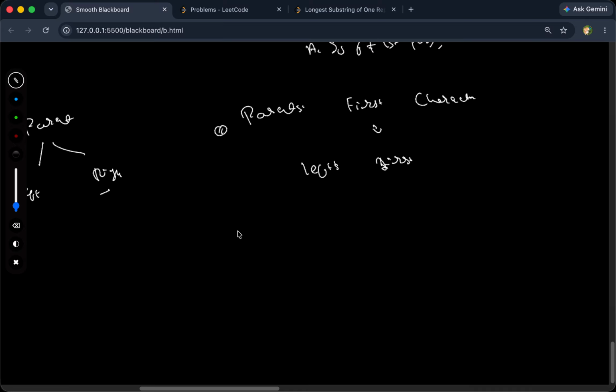Second is the parent's last character: right last.